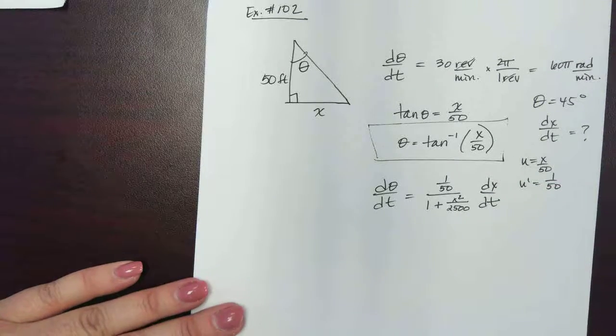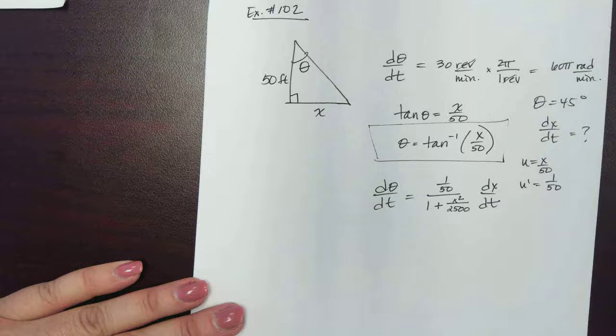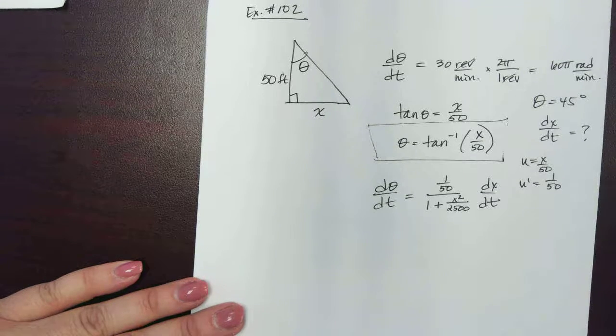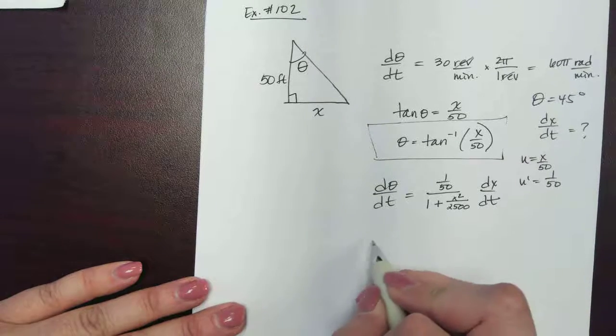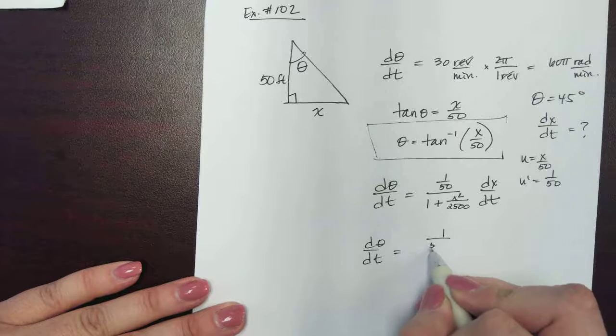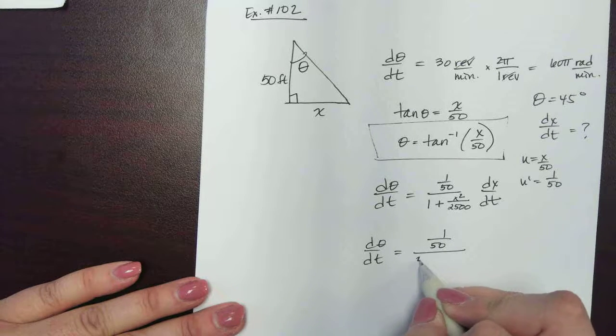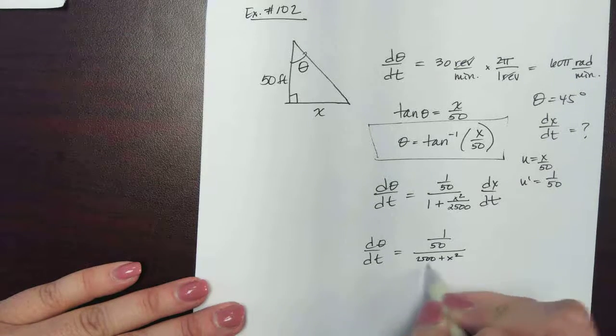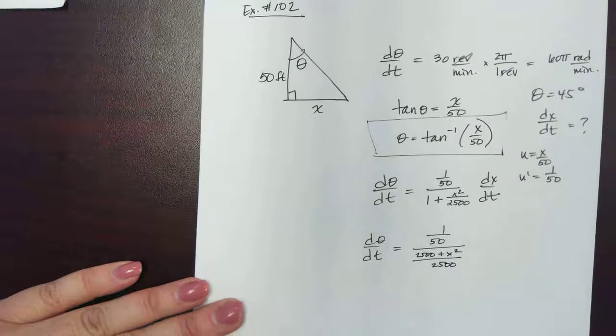If I don't put a dx dt, I'm not going to be able to solve for anything because that's what I'm looking for. Okay? So I can clean this up and say d theta dt is equal to 1 over 50 all over 2,500 plus x squared all over 2,500.